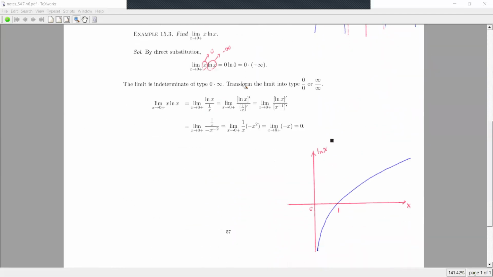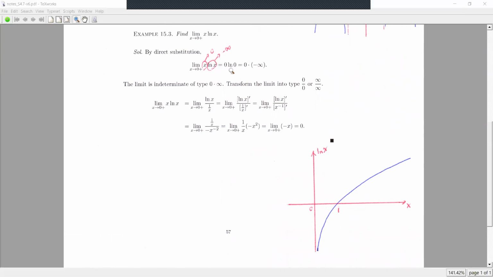Now, example number 3. Find this limit as x approaches zero from the right side. From the right side, that means that x is positive. x approaches zero, but x is kept positive. Now, direct substitution, plugging zero in for x, then we get this number.